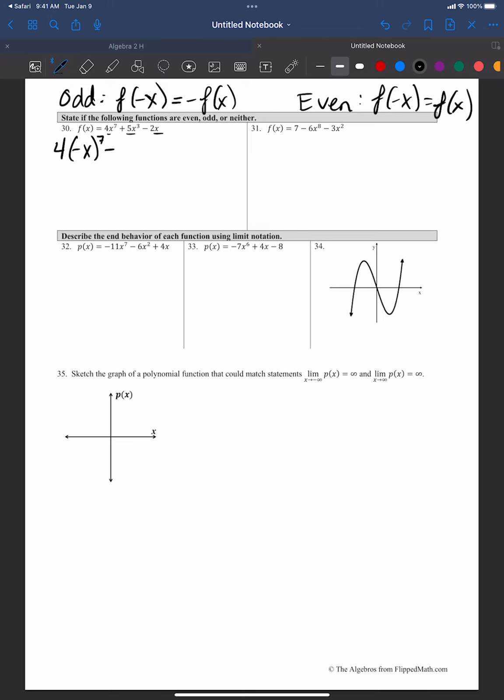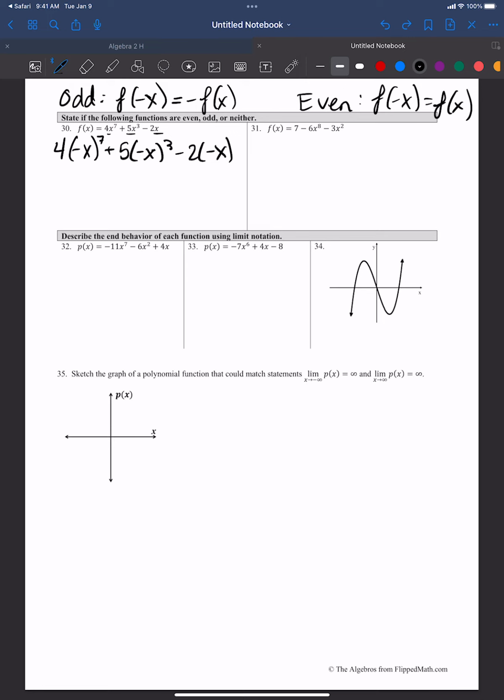So let's see if we can get this to work. And I should already realize that it's not going to be the same just because of this last term here, right? That last term is going to end up being a positive 2x. So there's no way I'm going to have an even function. I just need to see whether it is odd or whether it is neither.